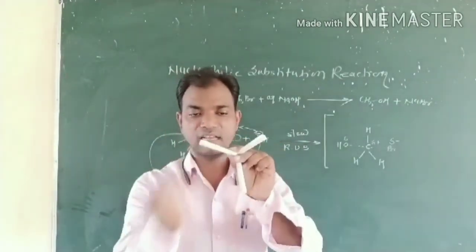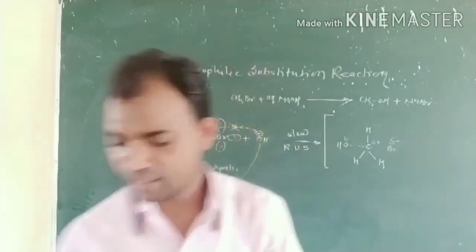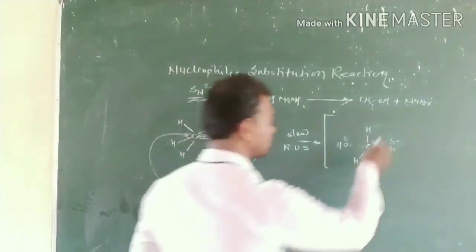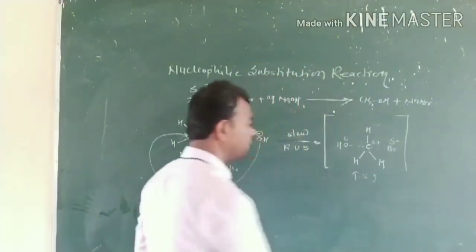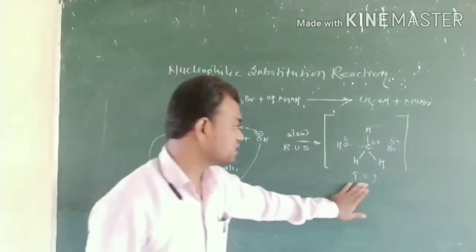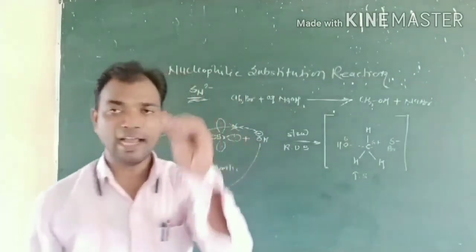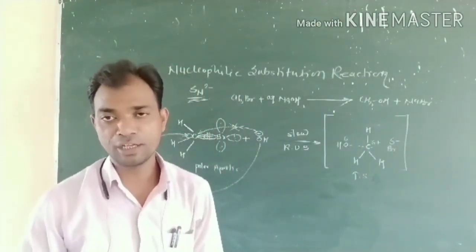Okay, that hydroxyl ion attacks from the back side and forms the transition state in which the carbon atom looks pentavalent. That transition state is a completely hypothetical state.